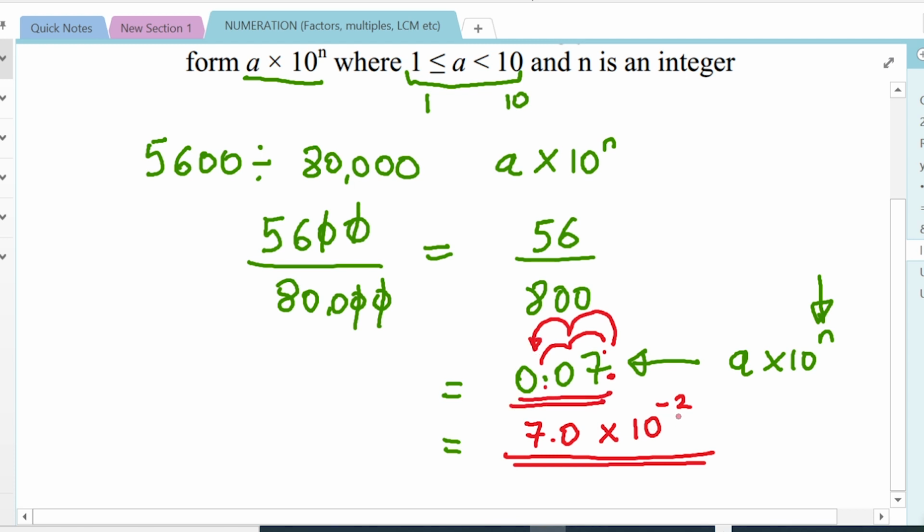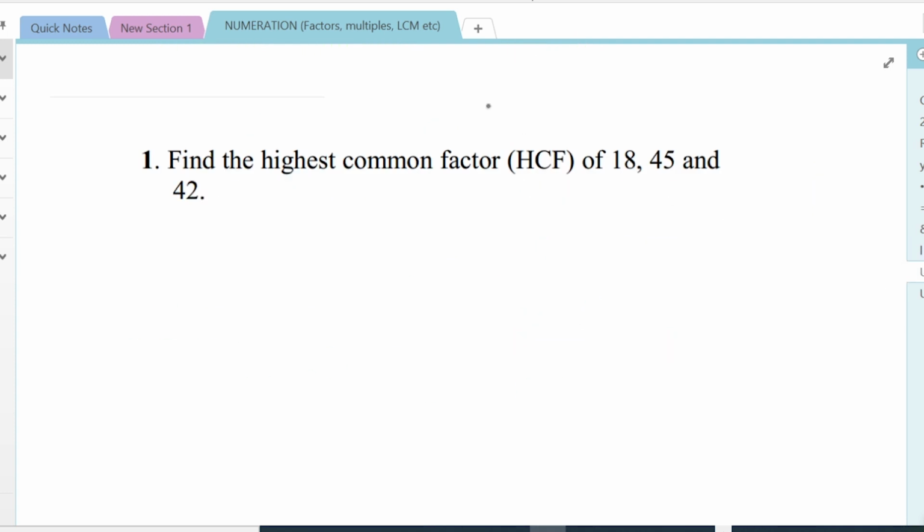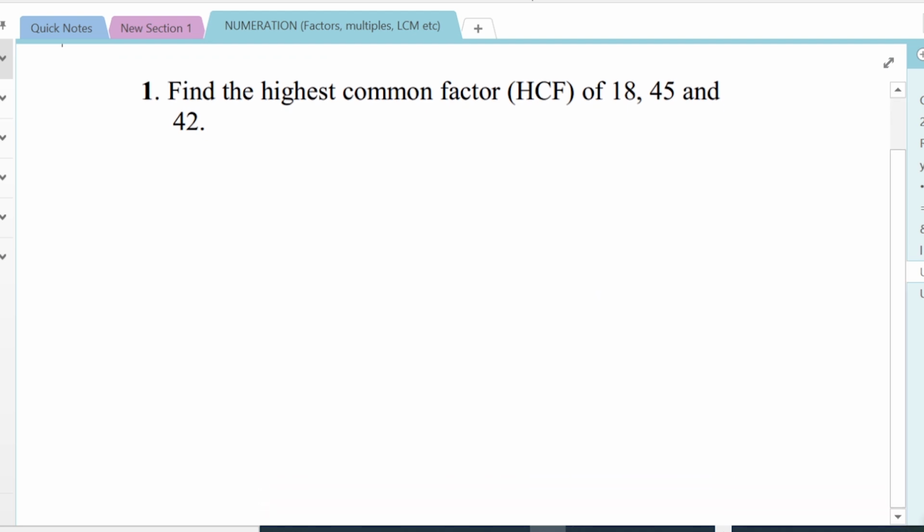That's why we're saying 10 to the power negative 2. So for you to be able to do this number, you needed to have a command on how to make numbers into standard form. This is just revision, so I am not going so deep into the nitty-gritties of how to do certain topics, but in case you need my help in that area, simply let me know and we go deep into that.